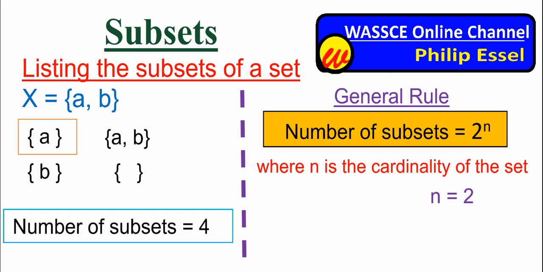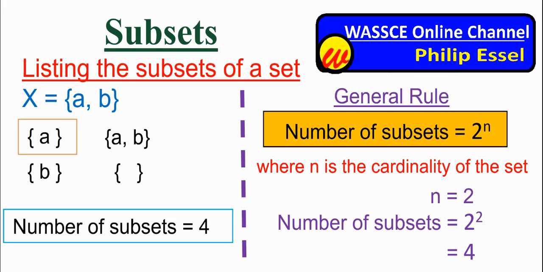Therefore, we will substitute n equals 2 into the equation above. And that will give us number of subsets equals 2 exponent 2. 2 exponent 2 is 2 times 2, which is 4.